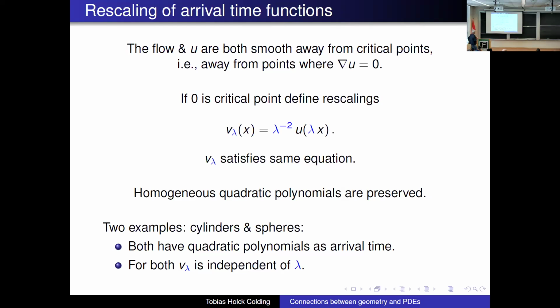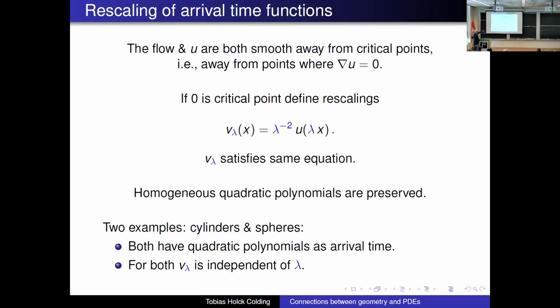And now I define a sequence of rescalings. So these are the rescalings. Sorry, I don't know why it does this. But these v_lambda are the rescalings, and the v_lambda satisfy the same equation. In particular, if you start with a homogeneous quadratic polynomial, then this v_lambda gives you the same polynomial.